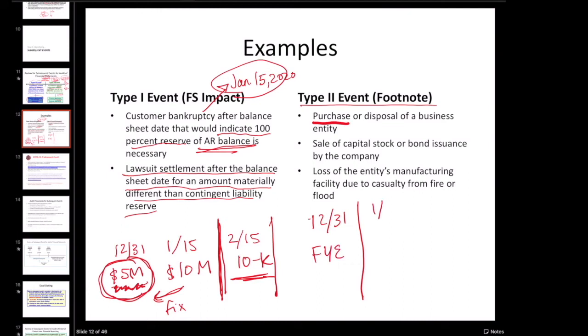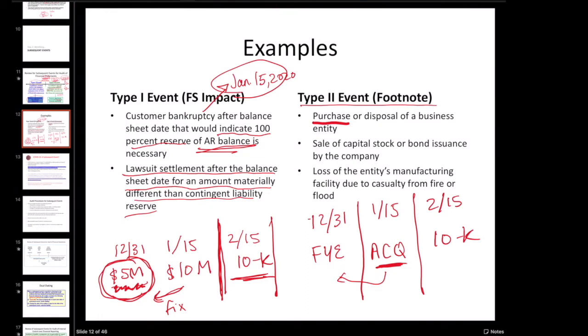Then on 1/15, I make an acquisition. And my actual 10K is issued on February 15th. Like the prior page said, this acquisition does not relate to anything in the 12/31 financial statements. So it doesn't mean those financial statements are incorrect. Nothing in those financial statements is wrong.